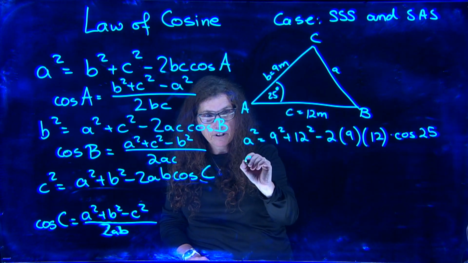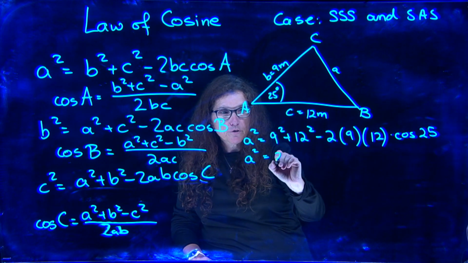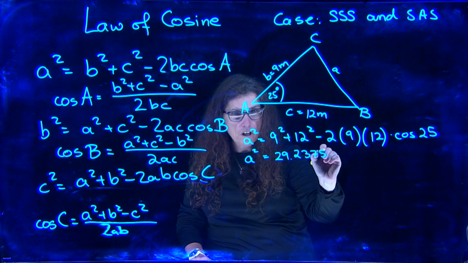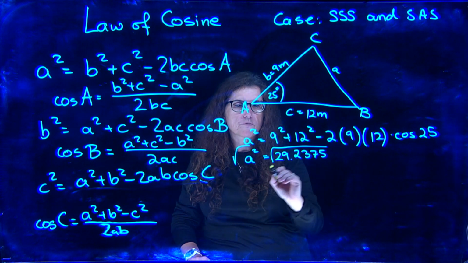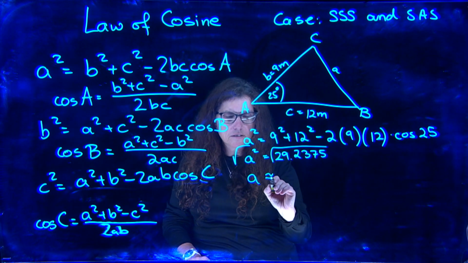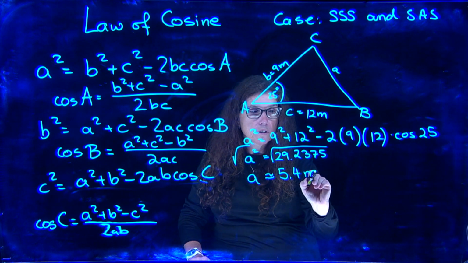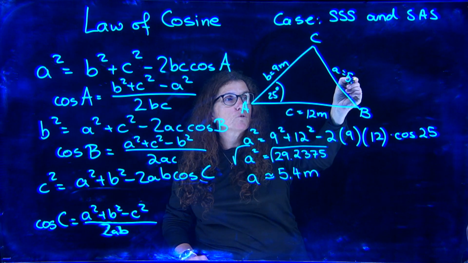So A squared is approximately 29.2375. We take the square root of both sides, of course. A is approximately 5.4 meters.